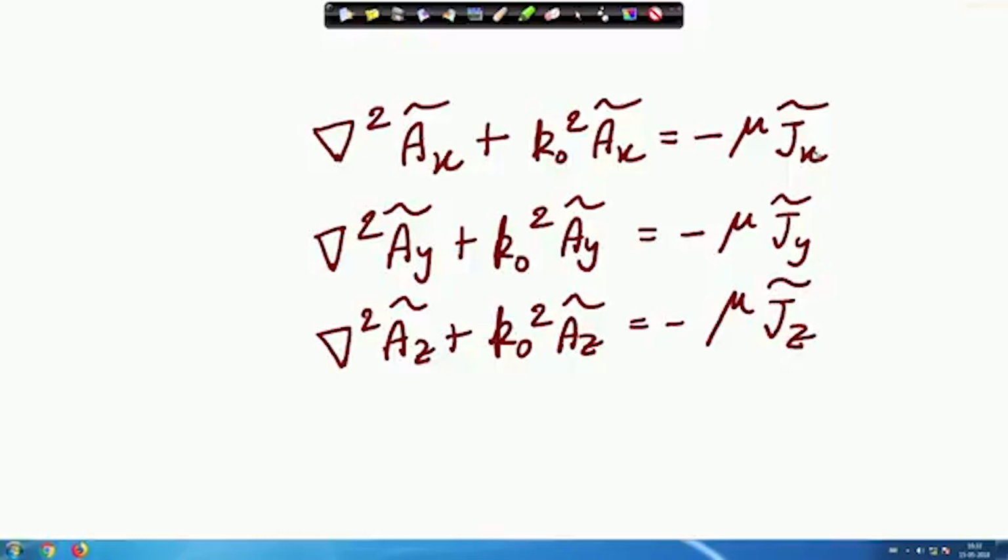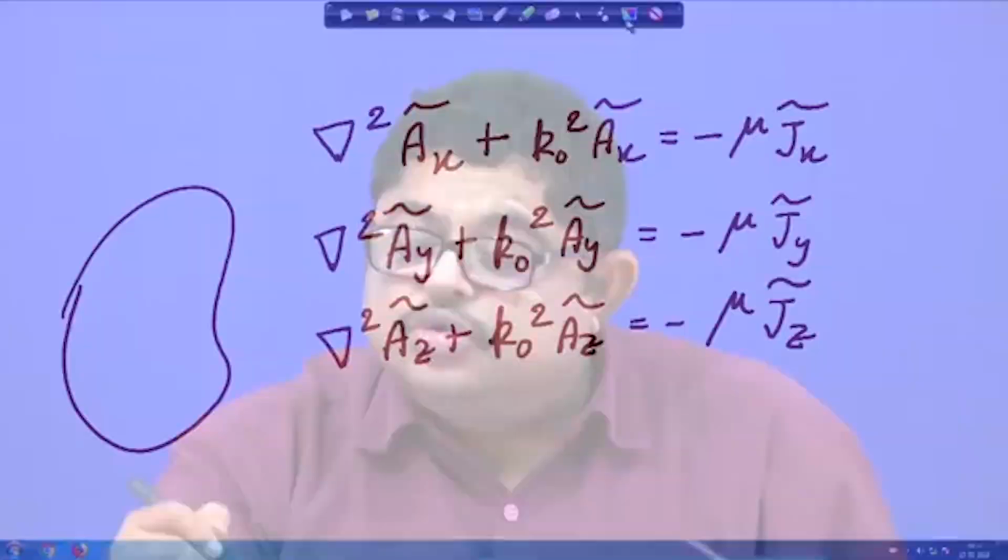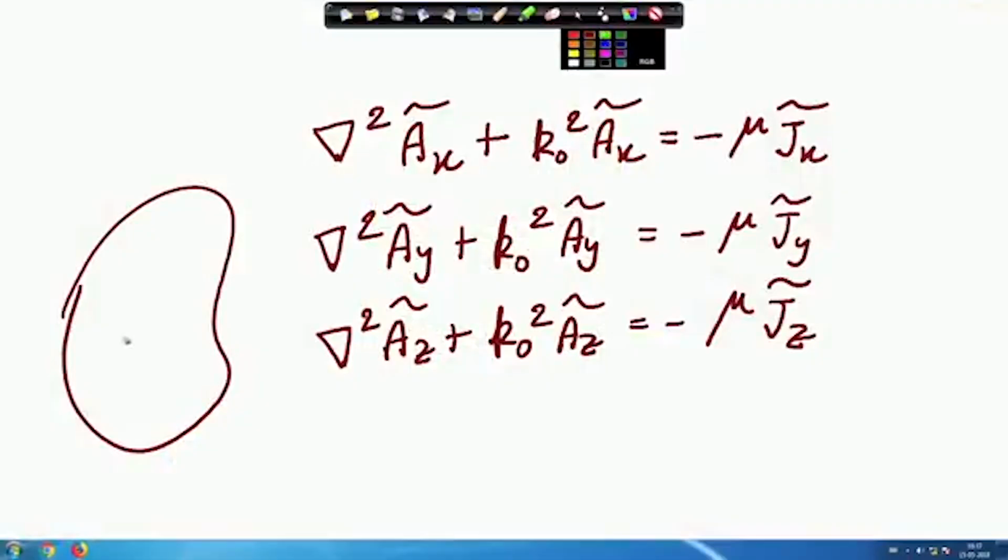So, if I can somehow break the current on the structure, suppose this is the current J, into rectangular components J x, J y, J z, then I will have to solve this scalar equation.